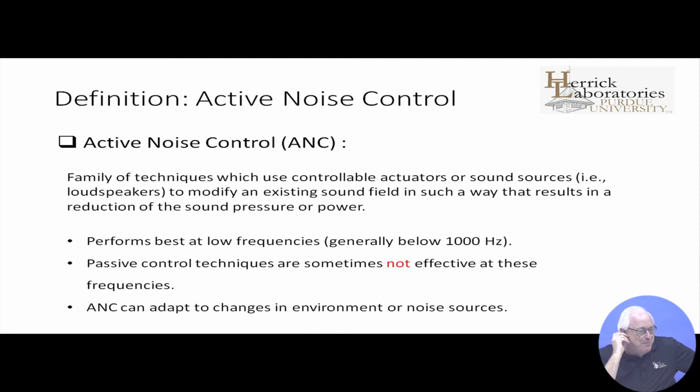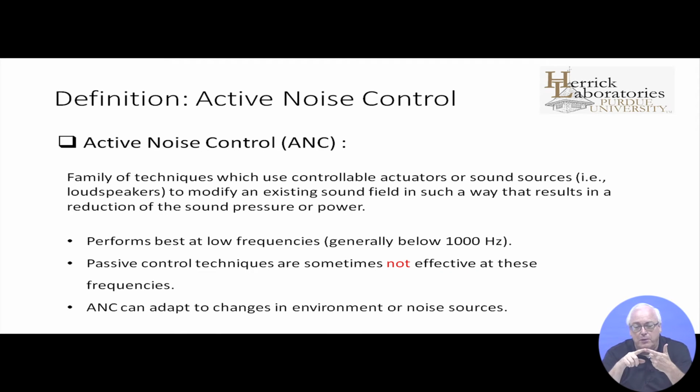So active noise control really amounts to using secondary sources to generate sound fields in addition to the primary source, the source that exists in the space, with the intention of canceling the primary sound field either in a particular location or in the whole space, right?